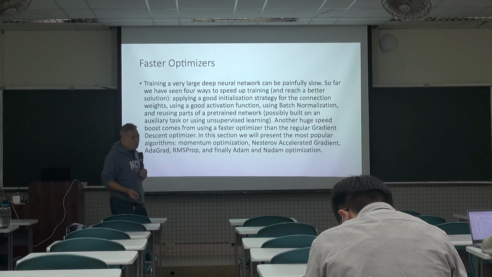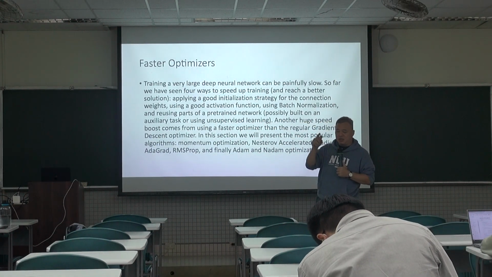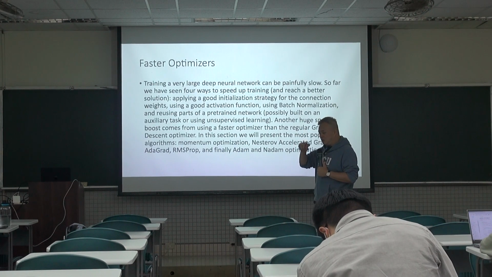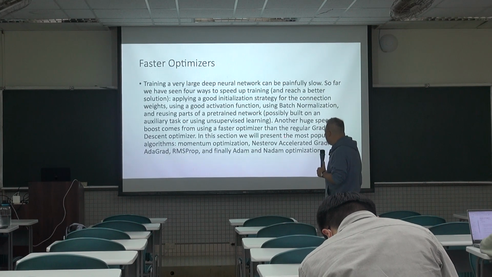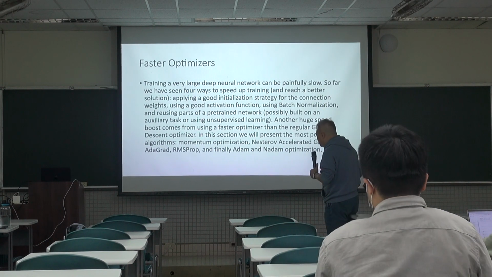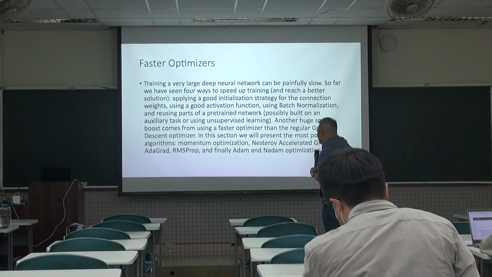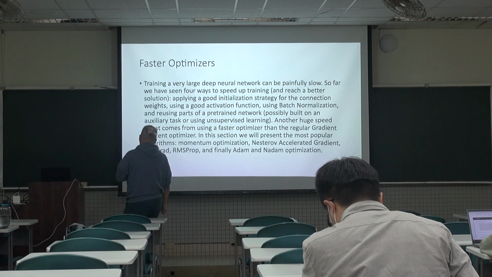So far, we only use one optimizer, right? The stochastic gradient descent, SGD. And there are a lot of optimizers which are much faster than the regular gradient descent optimizer. So we are going to talk about a lot of optimizers today.